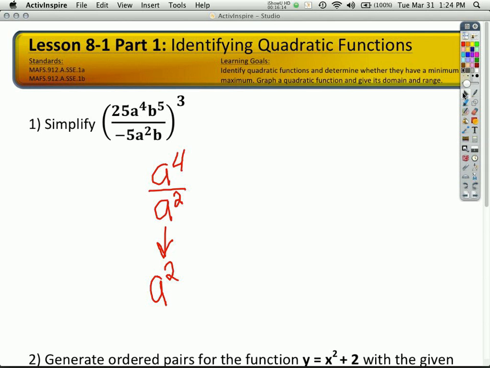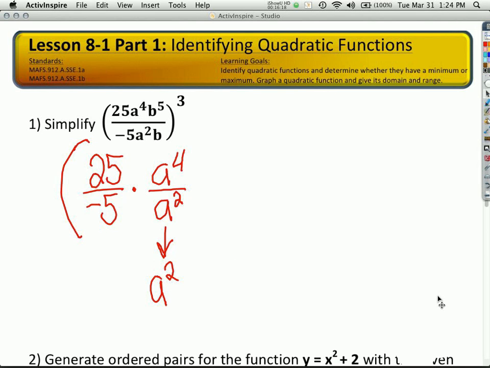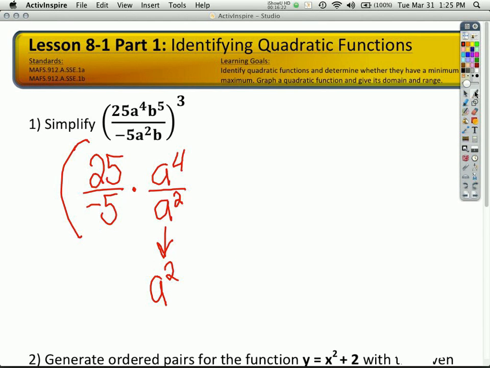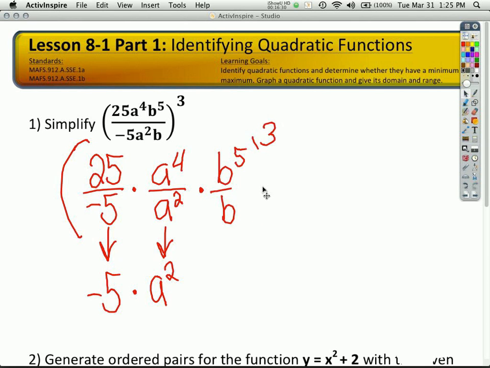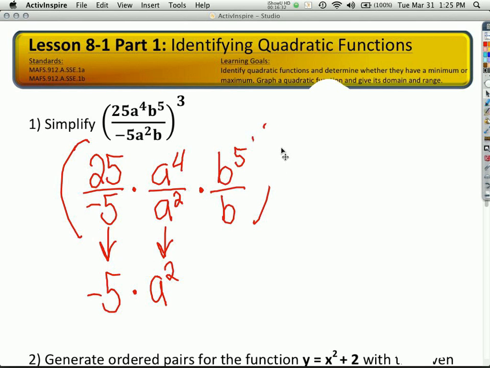Let's bring this back. What's that simplified to? Cameron? -5. Let's bring this back. Leave that whited out for a minute. What's b to the 5th over b simplified to?